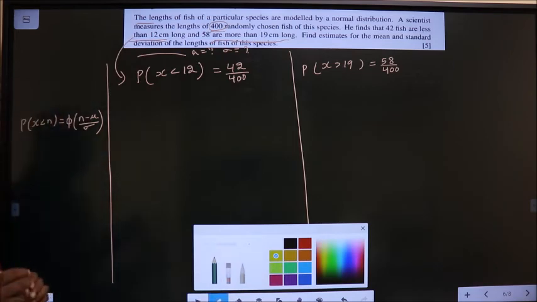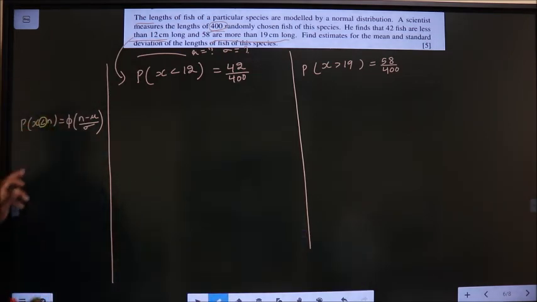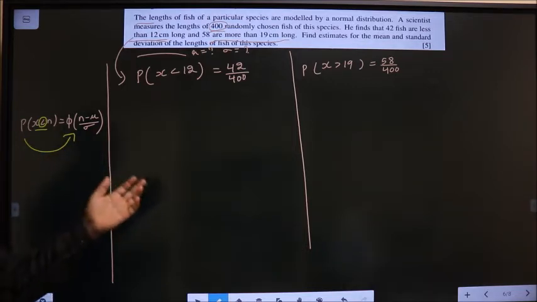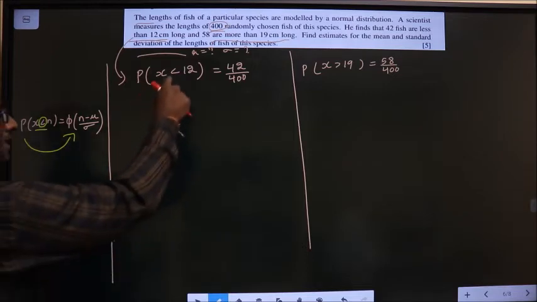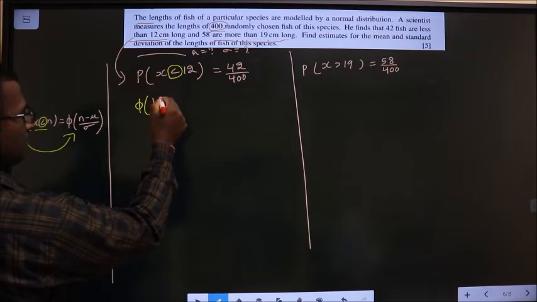The only condition you should check is the less than symbol. Only then will P get converted to phi. Clear? Now come here. Here the symbol is less than, so P will get converted to phi.